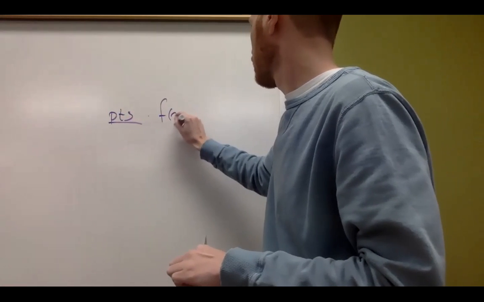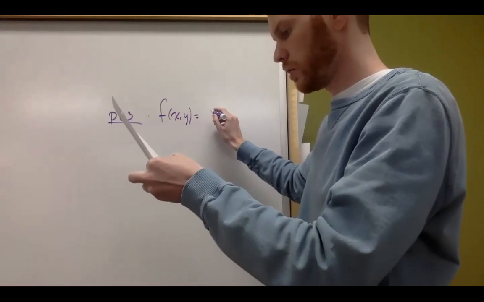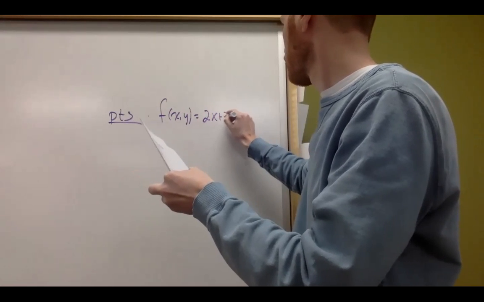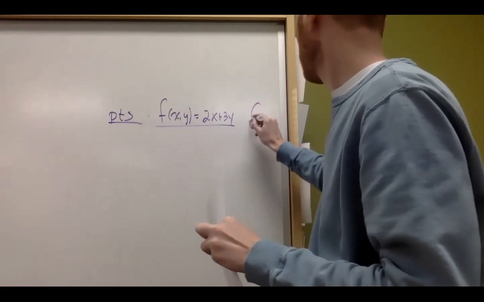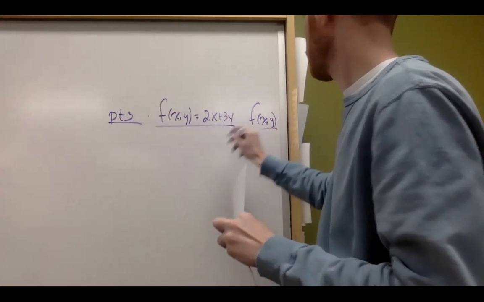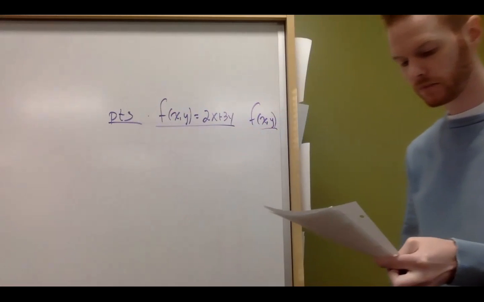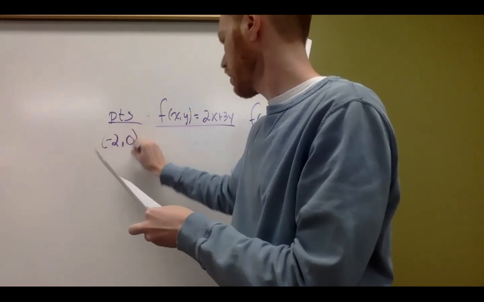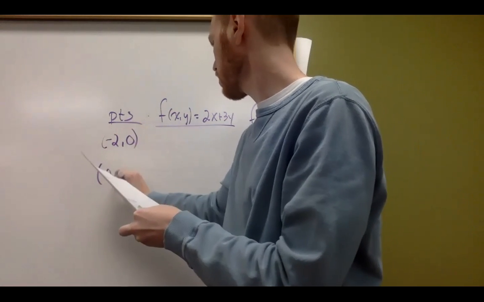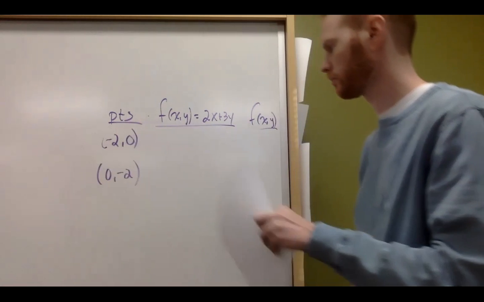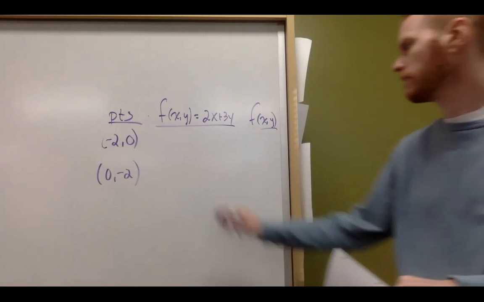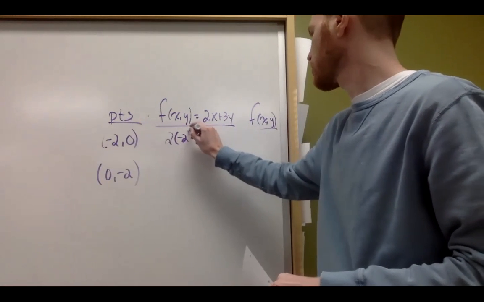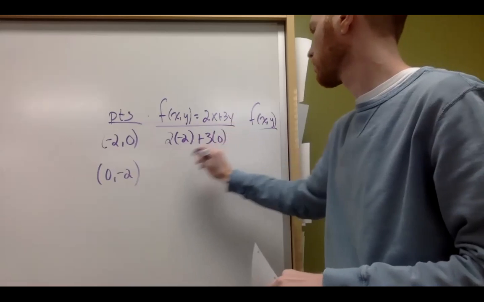Here's my function, which was 2x plus 3y, and here is the value that it gives me. The 2 points in question were (-2, 0) and (0, -2). So let's plug these in. I'm going to go ahead and substitute these values.